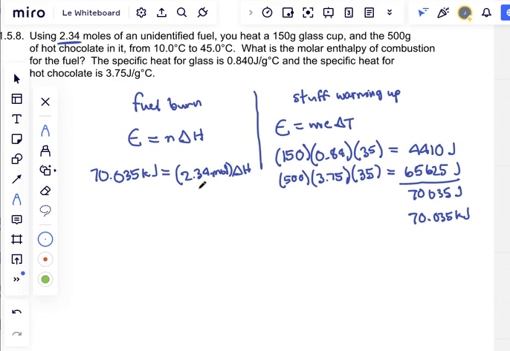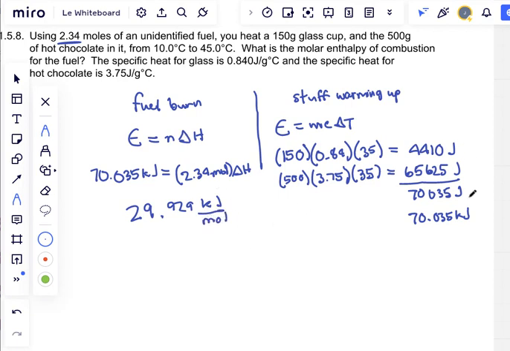So to solve this, divide both sides by 2.34, and we get 70.035 kilojoules divided by 2.34, 29.929 kilojoules per mole is our enthalpy of combustion.